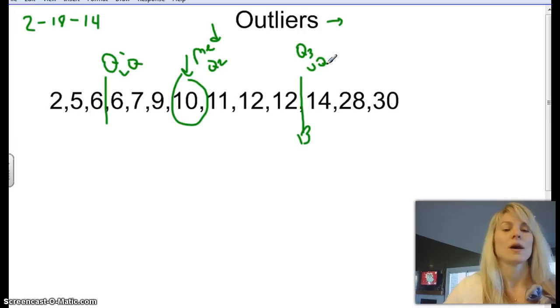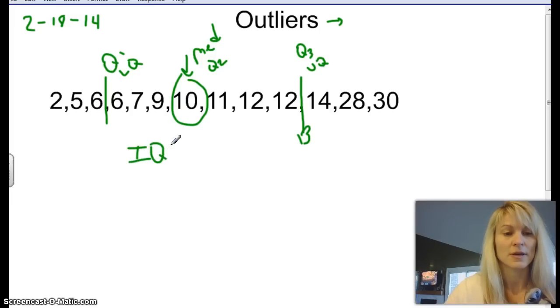So we want to find out if there is an outlier on the ends of our data. So an outlier on the lower end or outlier at the upper end. So in order to do this, we have to find our IQR, our interquartile range. Okay, and so remember that is the upper quartile, or the Q3, minus the lower quartile, or the Q1.